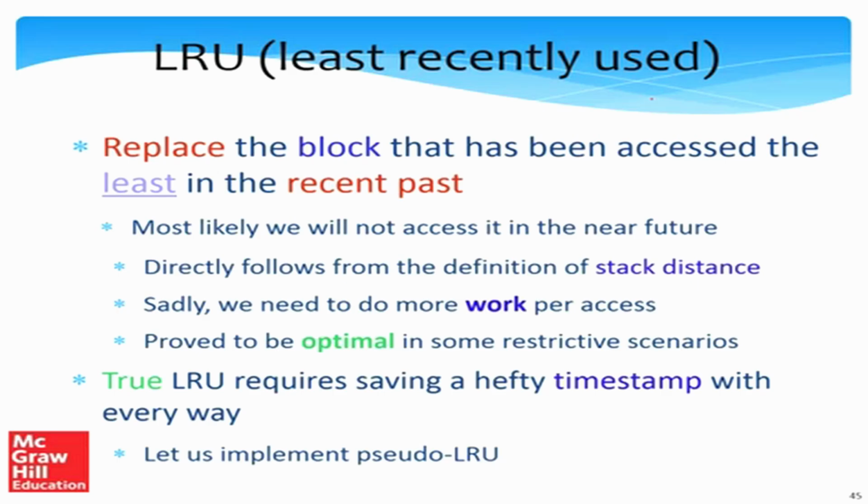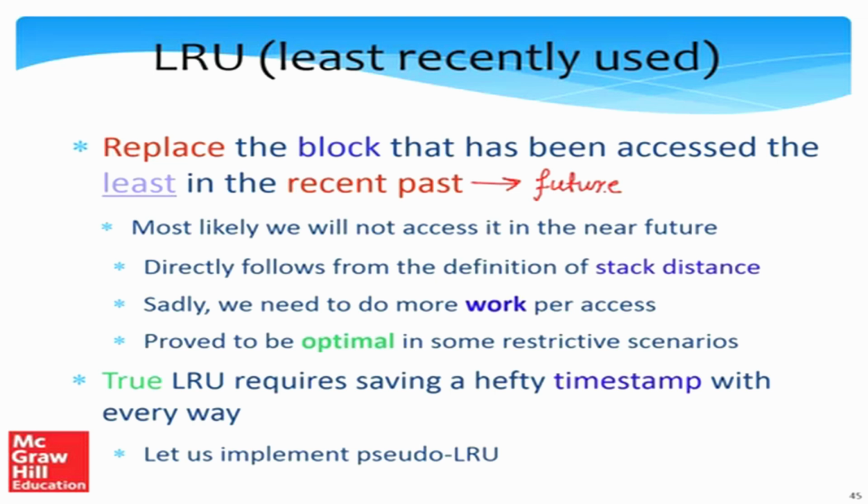So from the past we are trying to predict the future. We try to find that block which was maybe accessed the least in the last 100 cycles or something like that.